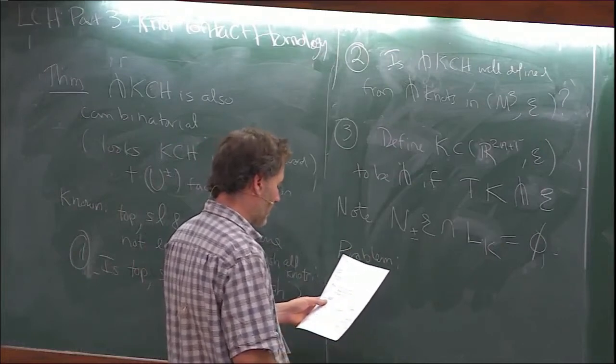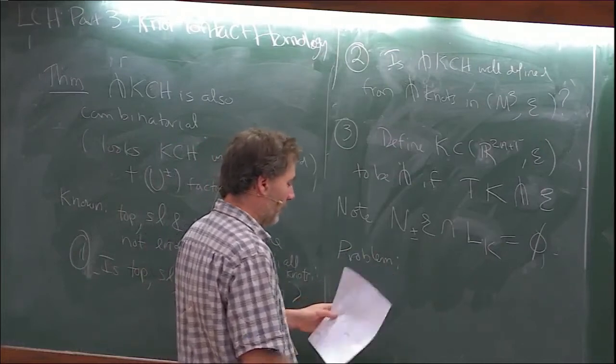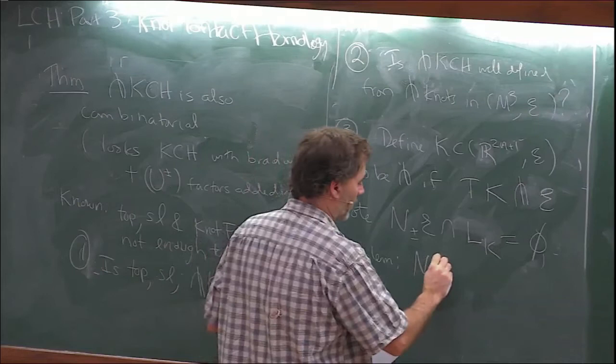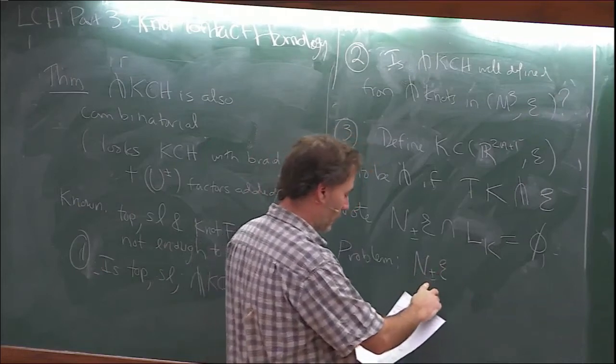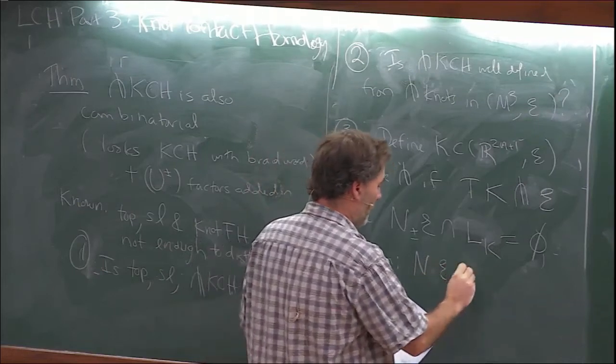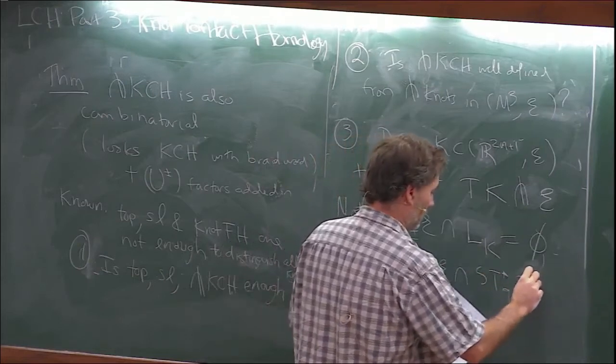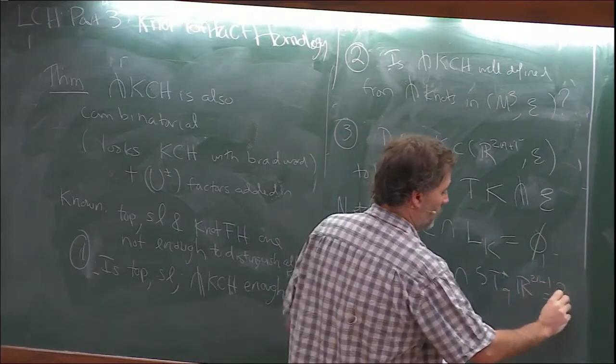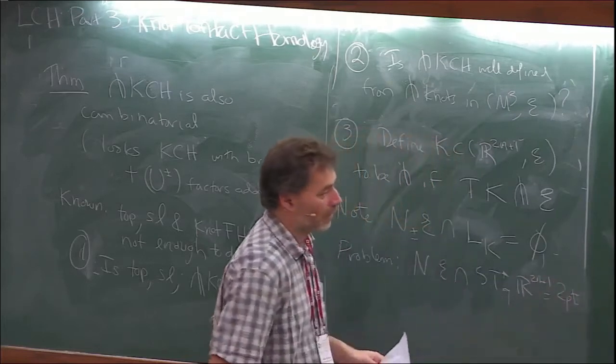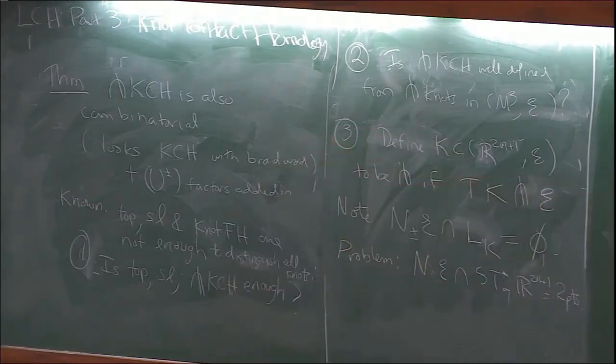But anyway, the problem is that in this case, you still have that this conormal lift intersection with the fiber is 2 points. There was nothing about 3 dimensions here to make these 2 points. It was just that it was codimension 1 that made these 2 points. This guy's still codimension 1.